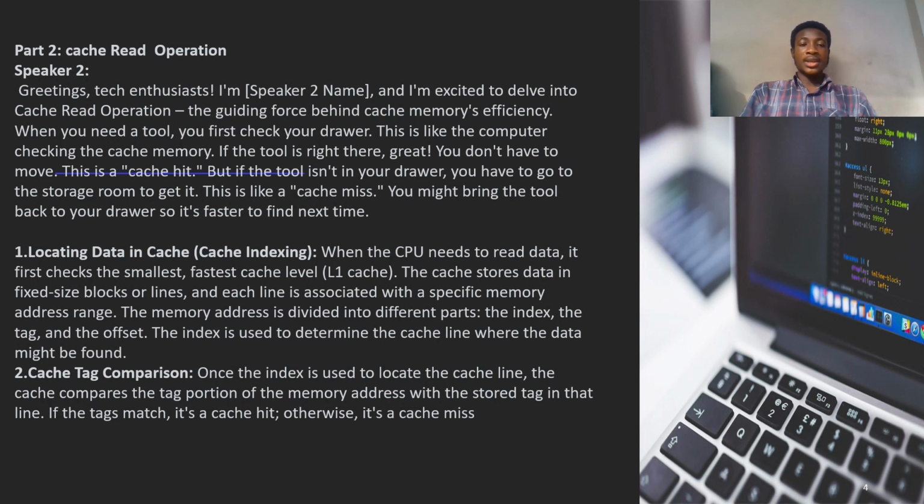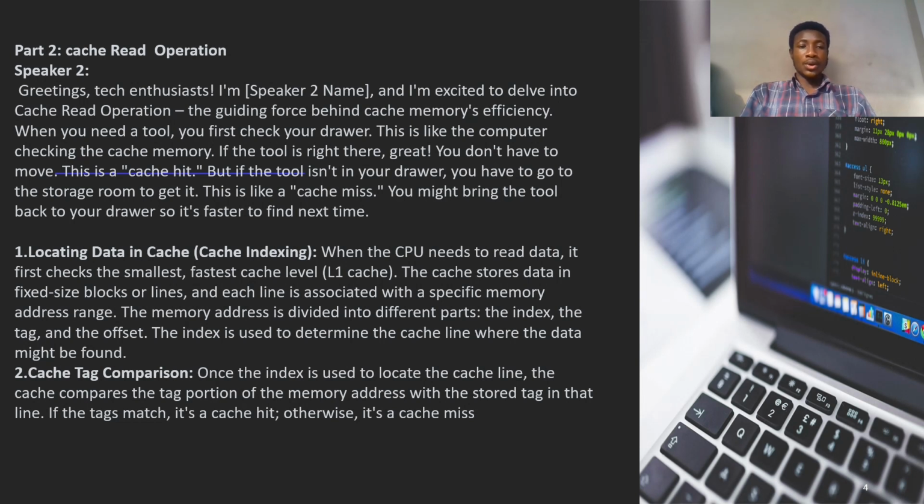In everything we do in this world, there is a backing spirit behind it. The thing backing up cache is the cache read operation. The cache read operation performs all the necessary functions to make the cache function properly as a whole.